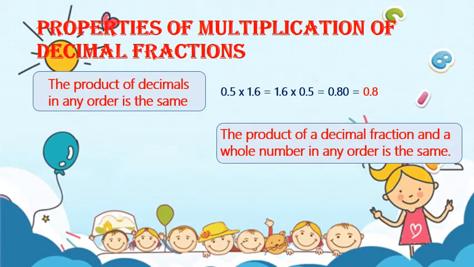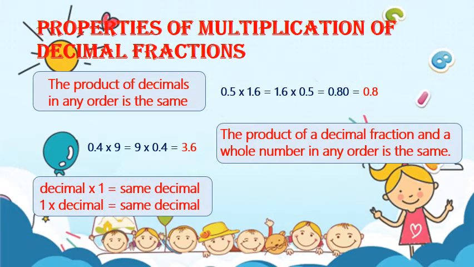So if we write 0.4 multiplied by 9, where 0.4 is a decimal fraction and 9 is a whole number, the product is 3.6. And if I change the order and multiply 9 by 0.4, the product remains the same, that is 3.6.